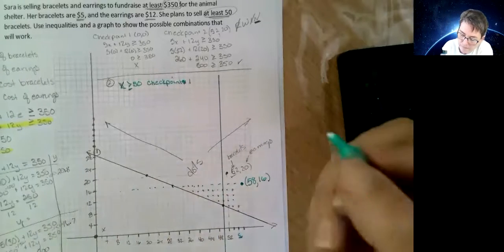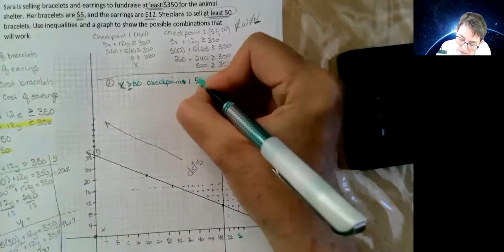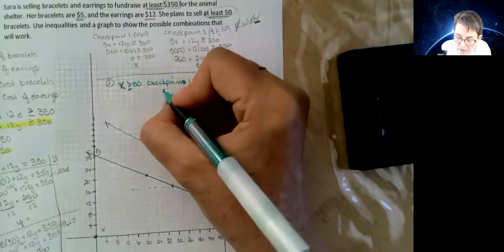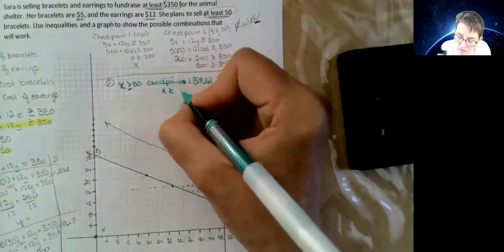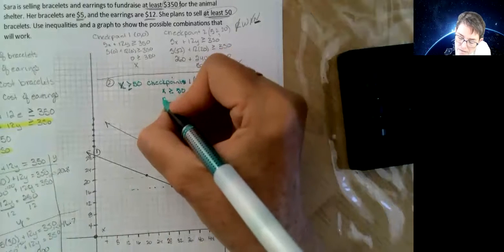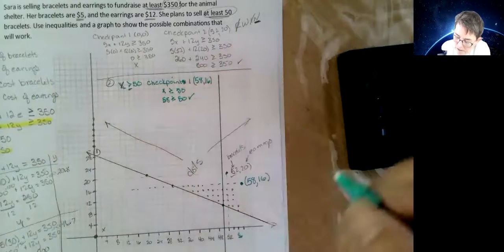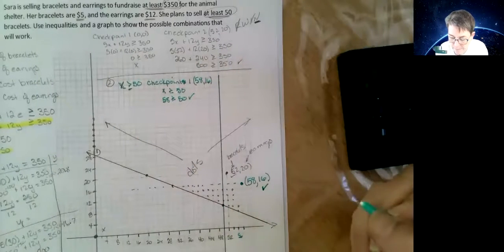All right. So x is greater than or equal to 50. 58 is greater than or equal to 50. Check. So this is the correct side of the line.